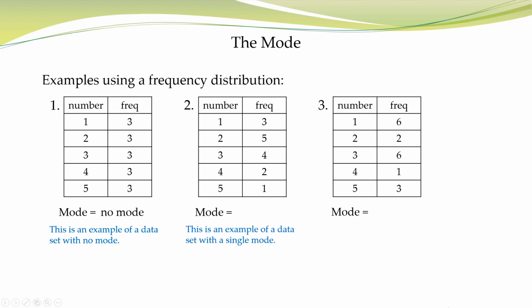If we look at 1, 2, 3, 4, 5, we notice that number 2 appeared 5 times, which was more than any of the others. So 2 would be the mode. Example 3 is an example of a data set with multiple modes. If we look at this, it looks like number 1 appeared 6 times, number 3 appeared 6, and they're both more than the others. So the mode in this case would be 1 and 3.